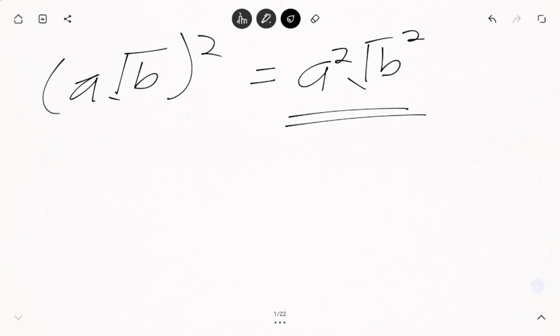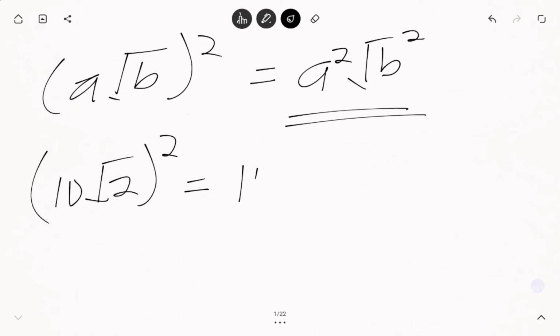Now if we clearly understood the explanation I just gave, let's have a look at an example. Let's say we have 10 root 2 squared. What is going to be our answer? 10 root 2 squared means that we have 10 multiplying root 2 and all of them is squared.